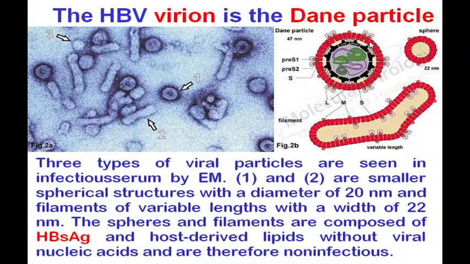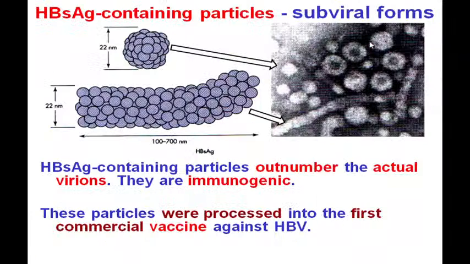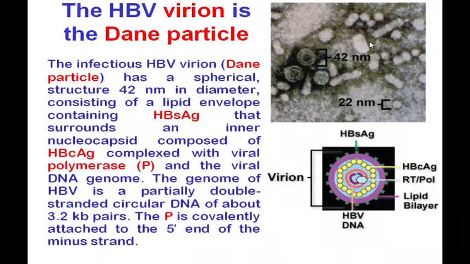This is the infectious hepatitis B virion. The virion is 42 nanometers in diameter, and you see the lipid bilayer, HBs antigen, HBc antigen, and polymerase covalently bound or fixed with the nucleic acid, with the genome.